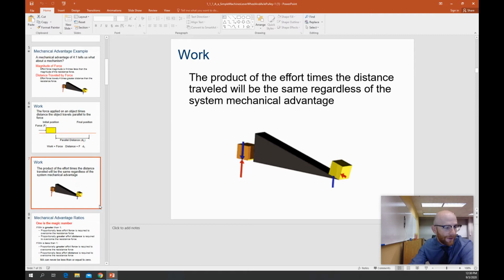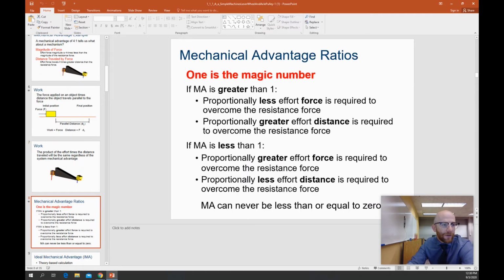All right, so work, the product of the effort times the distance traveled, is the same regardless of the system of mechanical advantage. We talk about this one as the magic number, mechanical advantage. If the mechanical advantage is greater than 1, what does that mean? That means my force is increased.